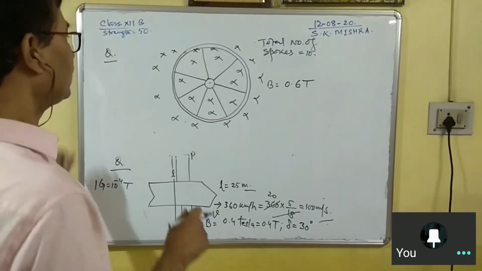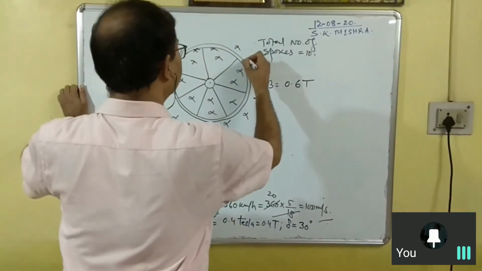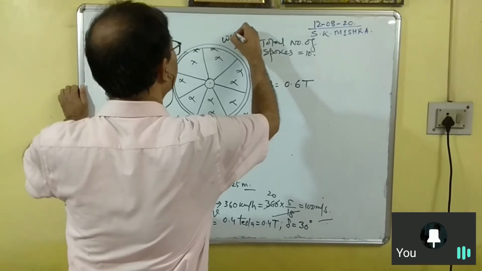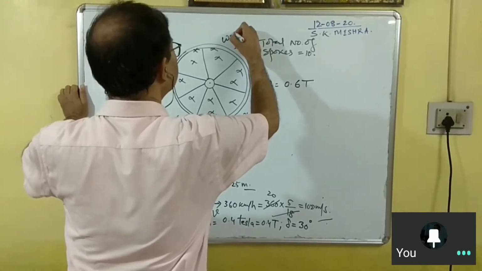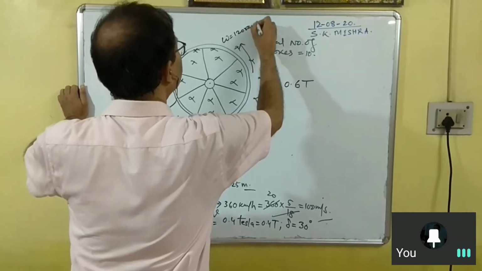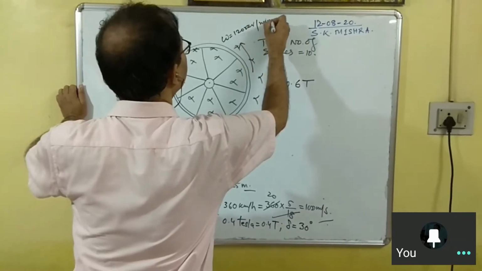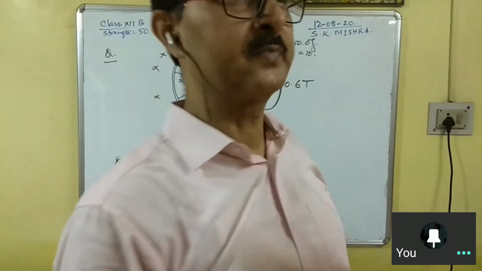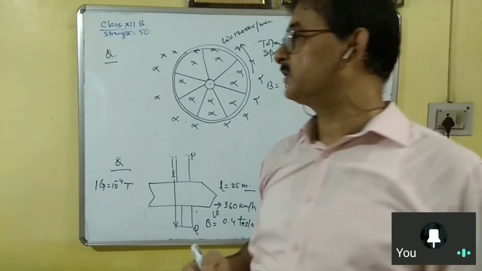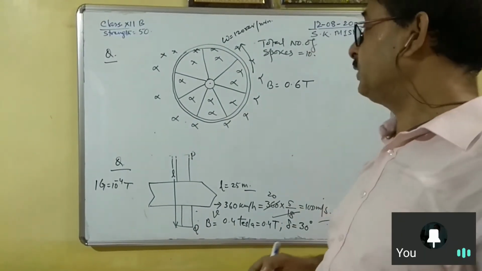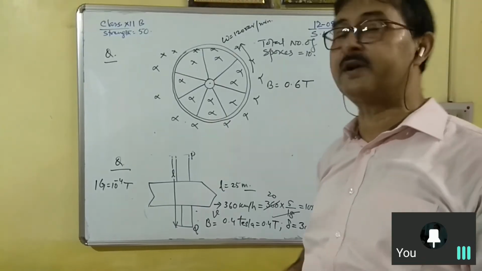If it is rotating with an angular velocity omega, suppose this is 120 revolution per minute. What does it mean? The ring is rotating about its axis with an angular speed of 120 revolution per minute. Means in 1 minute it is completing 120 revolution.